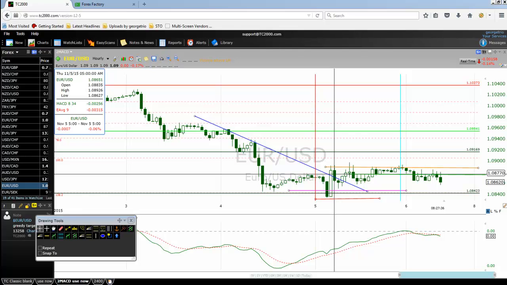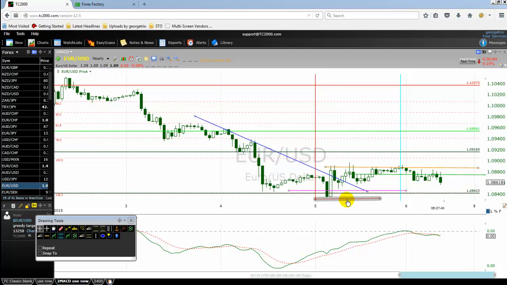Somewhere it's exactly at 10876. I bought it, okay, and the first stop loss, I used 58 pips for that trade, for the euro dollar, for the first trade. All right, so this is my first stop loss right here, as you can see. I can say that I'm a bit disappointed with the euro because it didn't move very fast.